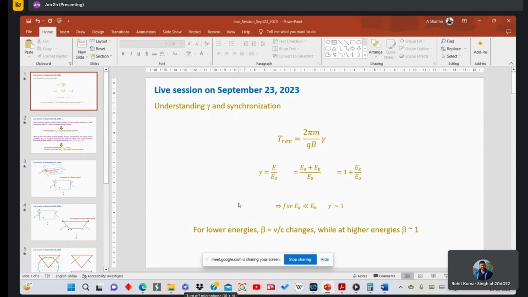For people working in accelerator physics it is okay, but MSc students may have some problem. Yes, E naught is rest mass energy.